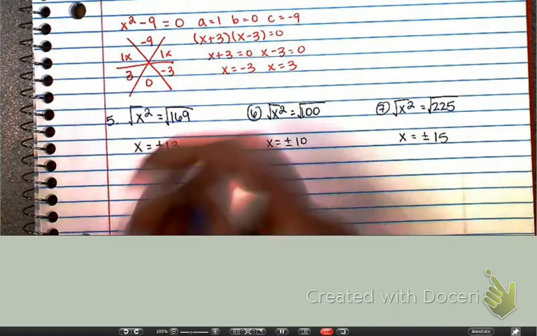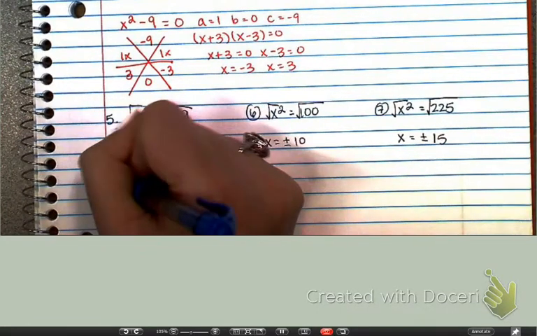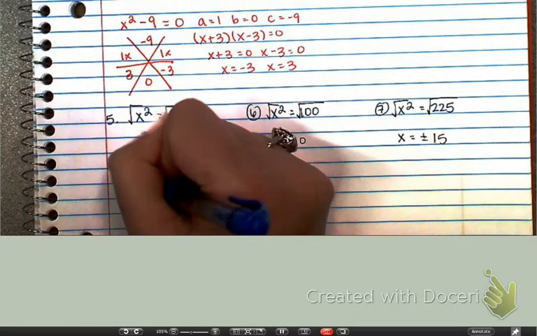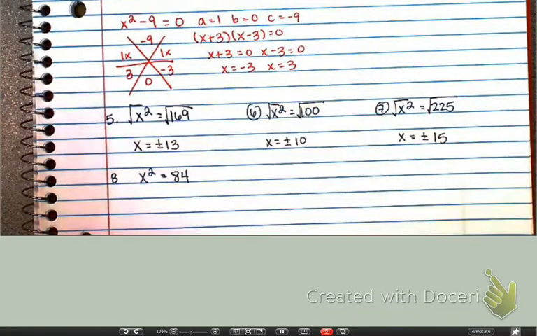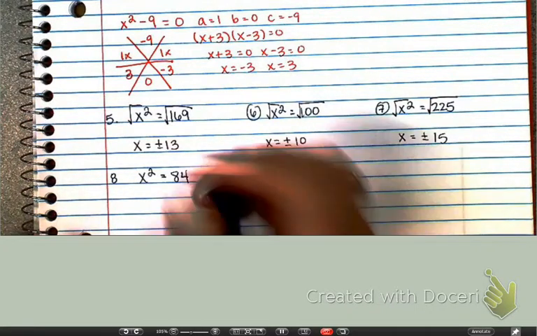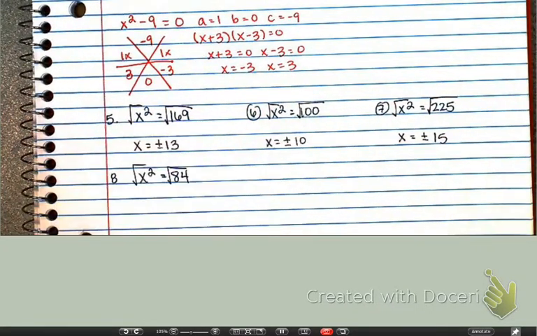Okay, let me give you one last one. I promise this will be the last one. I want you to find the square root of 84. I want to see what your answer is going to be. I like that you took the square root, and I like that you started breaking it down.